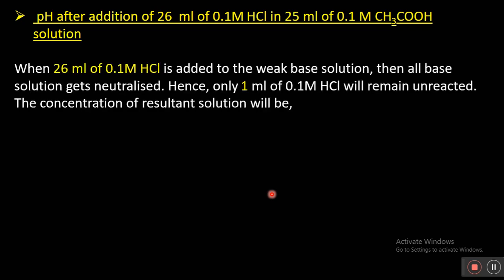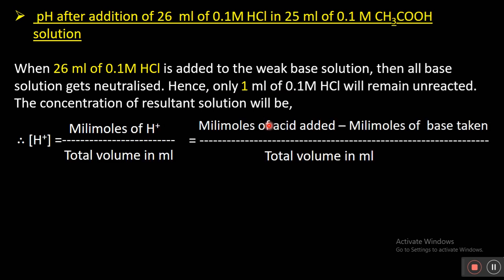When 26 ml of 0.1 molar HCl is added to the weak base solution, all the base gets neutralized. Hence, only 1 ml of 0.1 molar HCl will remain unreacted. It means the solution will now become acidic.